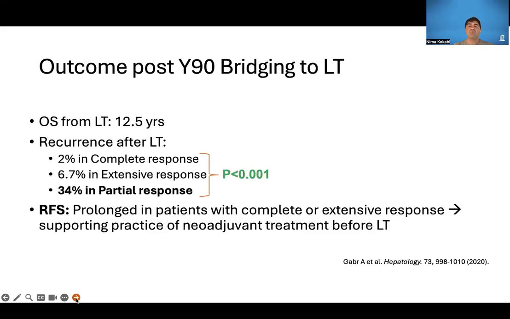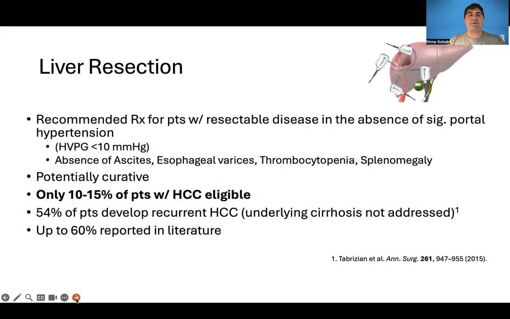The important conclusion of this study was that the amount of pathologic necrosis, or how successfully you treated these patients with radioembolization, dictated how likely tumor recurrence was after the transplant, from 2% in those that had complete response all the way to 34% in those that had partial response. Recurrence after liver transplantation is a significant problem, so the more you can do to reduce the recurrence rate, the better.